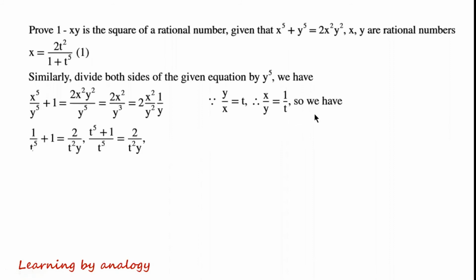So we have 1 over t to the power of 5 plus 1 equals 2 over t squared y. t to the power of 5 plus 1 over t to the power of 5 equals 2 over t squared y.